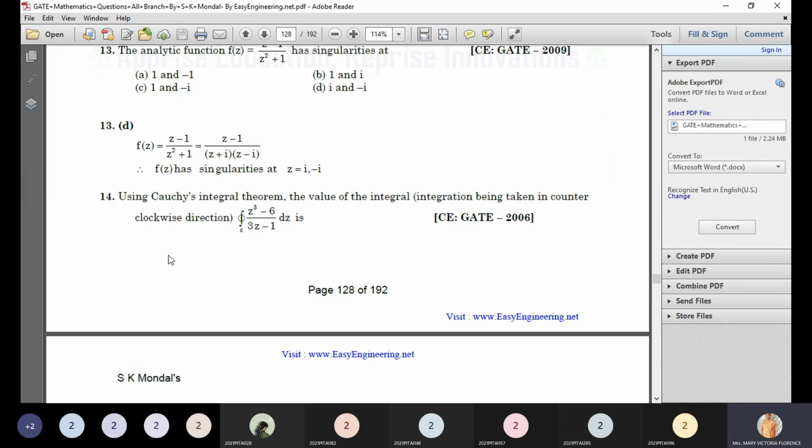Next, using Cauchy integral theorem, with the integration taken in the counterclockwise direction, the integral of (z cube minus 6) by (3z minus i) dz is what?